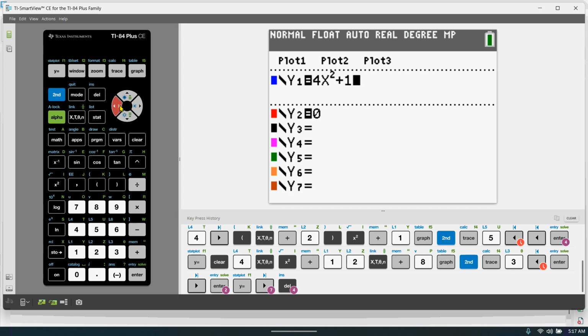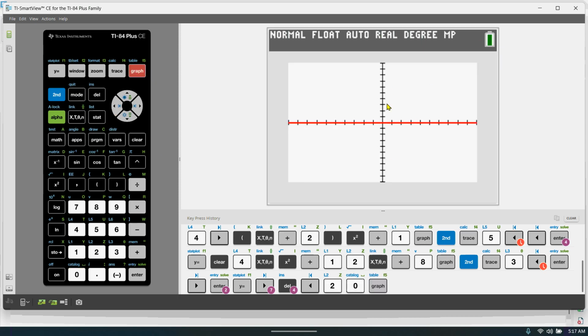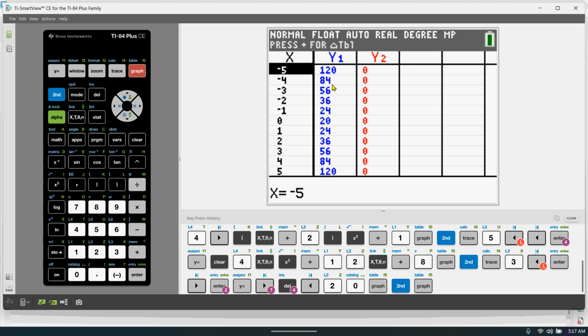If I read it as 4x squared plus 12 plus 8, I'm going to delete this. I'm going to change this to 20 and graph it. Okay. Now here's where I don't see the graph. To help your window, guys, go back to your table. And if I look at my values here, look where it starts to kind of repeat.